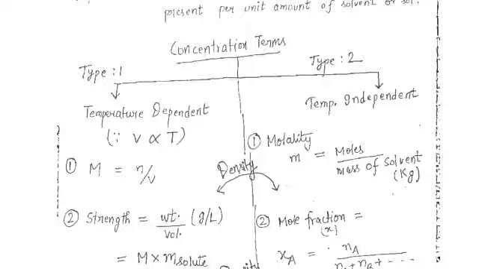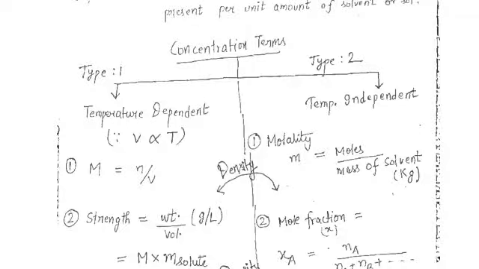Let me tell you, you can calculate by using density. You will also be given the density in the question. So by using the density concept, you can move from type 1 to type 2 very easily.